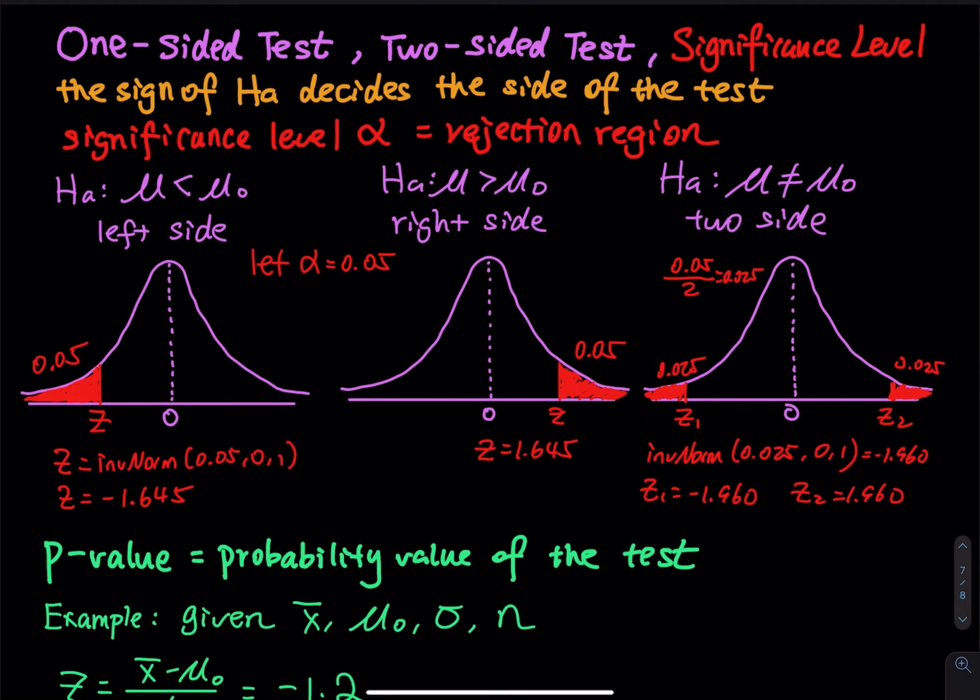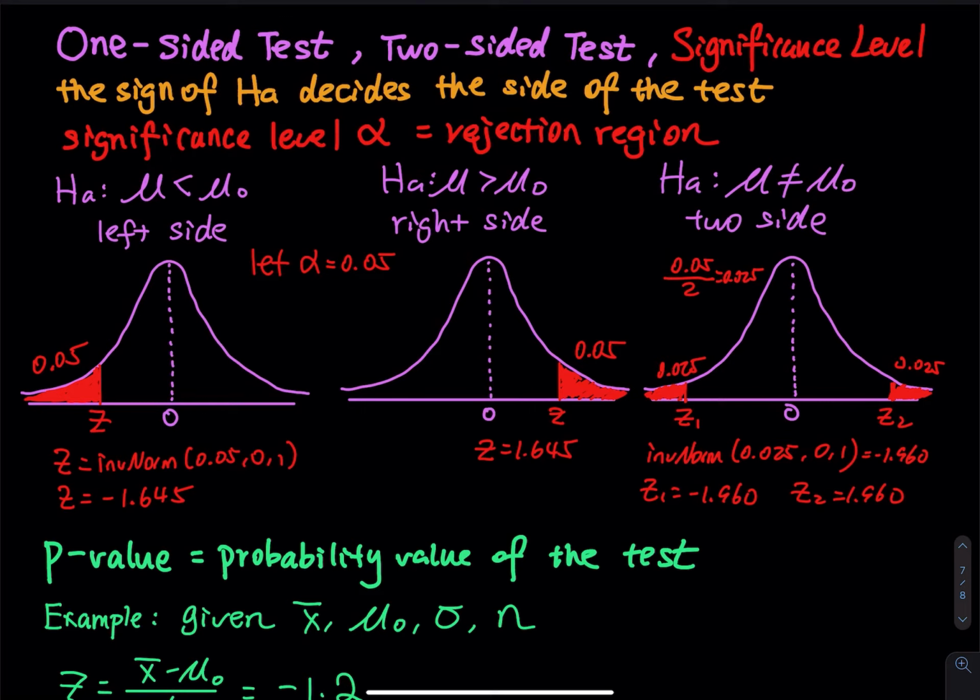You still use inverse norm, so you go to second vars, inverse norm, you put the area in there, followed by 0 and 1, so you have negative 1.960. You always get a negative because the calculator assumes that the area that you input is on the left side. So you have one on the left, one on the right because the graph is symmetrical. So you have a negative 1.960 on the left and a positive 1.960 on the right.